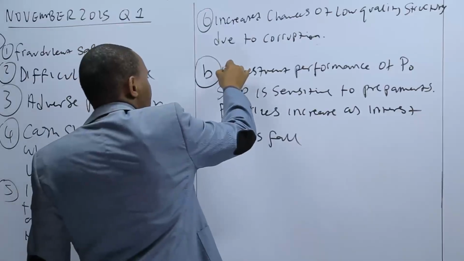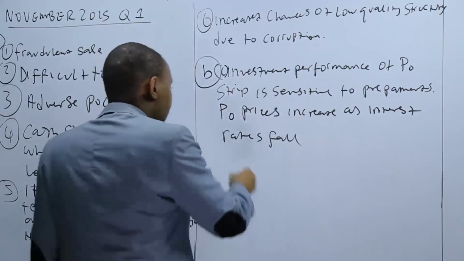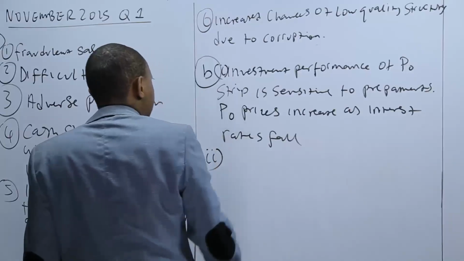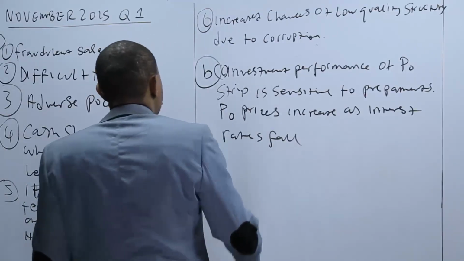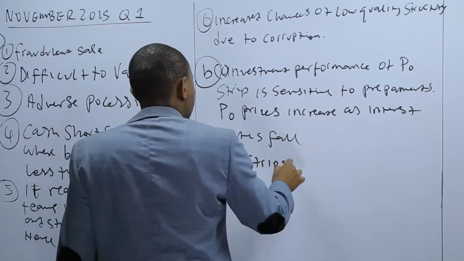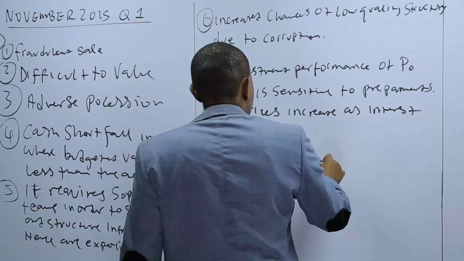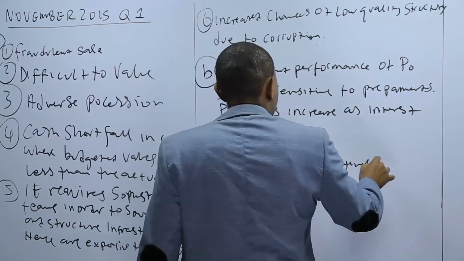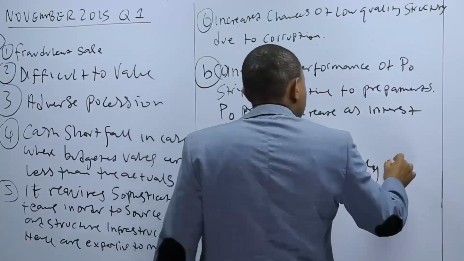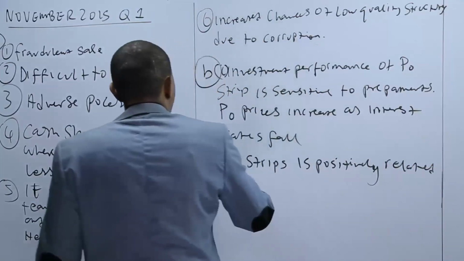So with your permission, I can put that as Roman number 1. This is Roman number 2. And we can continue and say that IO strips is positively related to market rates.